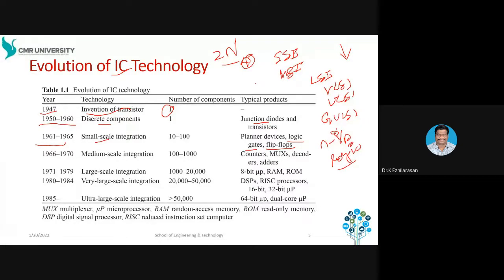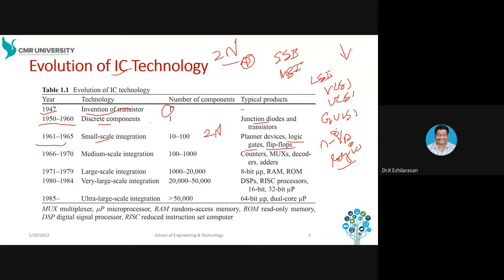Similarly, for any N number of inputs, this will be the formula: 2N transistors are required. Next, for flip-flops, we go to the next category, medium scale integration.